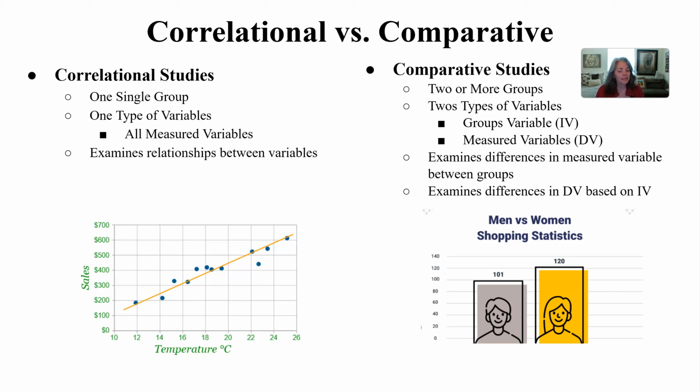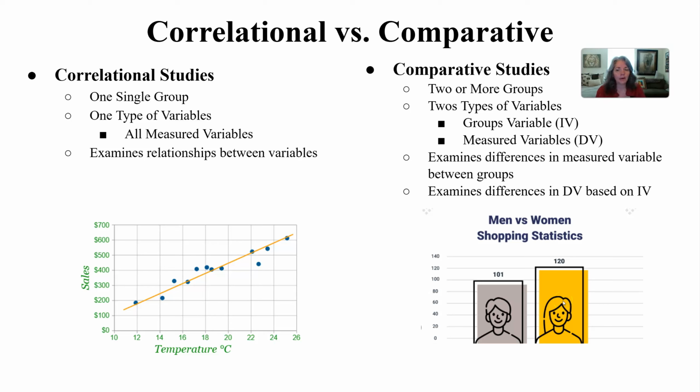But it could also be something like comparing people with short hair to people with long hair. It can be something like comparing people who live in one city to another city, comparing students who go to community college versus a university. It can be comparing psychology students to sociology students.